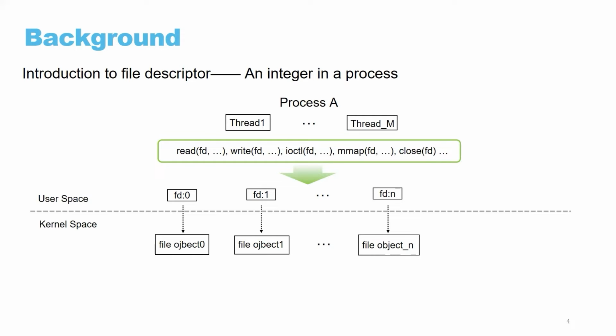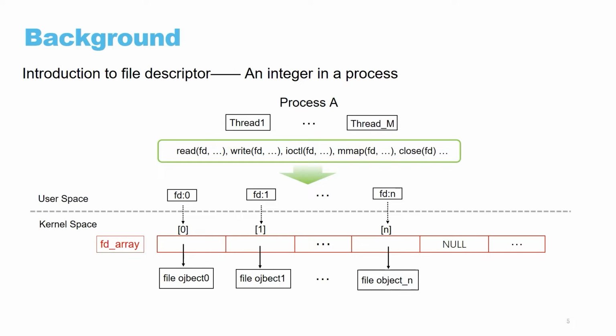All the threads in the process can operate the FD through syscalls like read, write, and so on. Normally, every file descriptor is associated with a file object in kernel space. When we operate an FD in user space, the associated file object will be operated accordingly in kernel space.